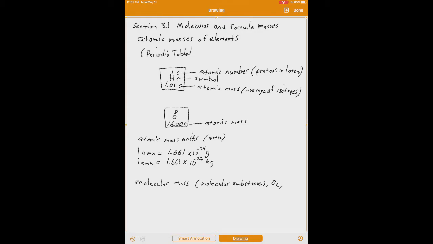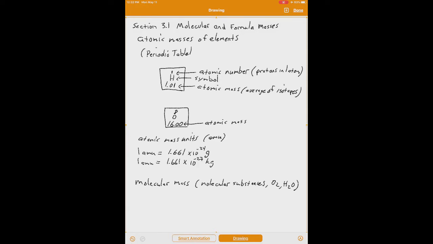Or the example we're going to look at here is water. Water's a compound, 2 different elements, hydrogen and oxygen. How do you calculate the molecular mass of a molecular substance? Very simple. You just add up the atomic masses of each atom in the molecule.